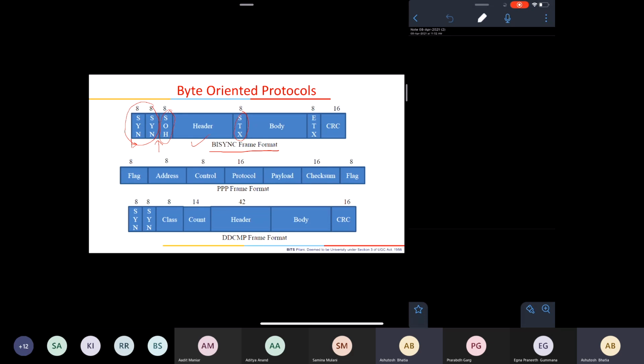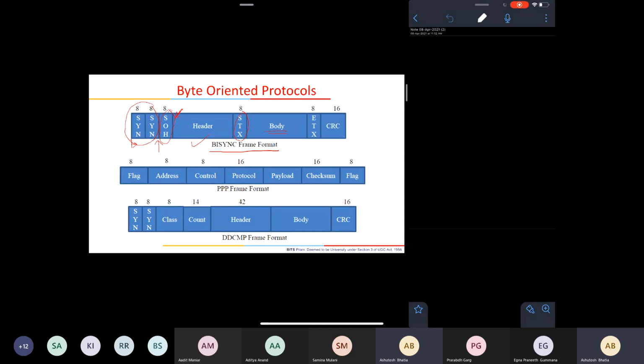Another option could be that after SOH you just put a variable value, that is the header length. But because here you are anyhow going to start the new body, the start of text is actually working as an end of header, so that's not a problem.